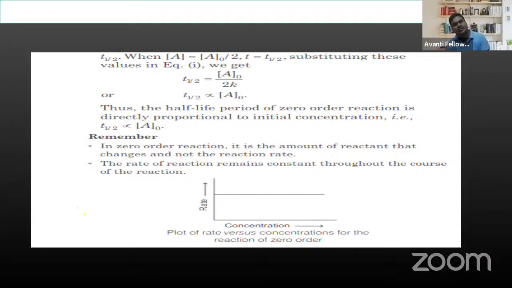The half-life period of zero order reaction is directly proportional to the initial concentration. That is, T half is directly proportional to A naught. In zero order reaction, it is the amount of reactant that changes and not the reaction rate. The rate of reaction remains constant throughout the course of the reaction. Okay, I hope this is clear to you.